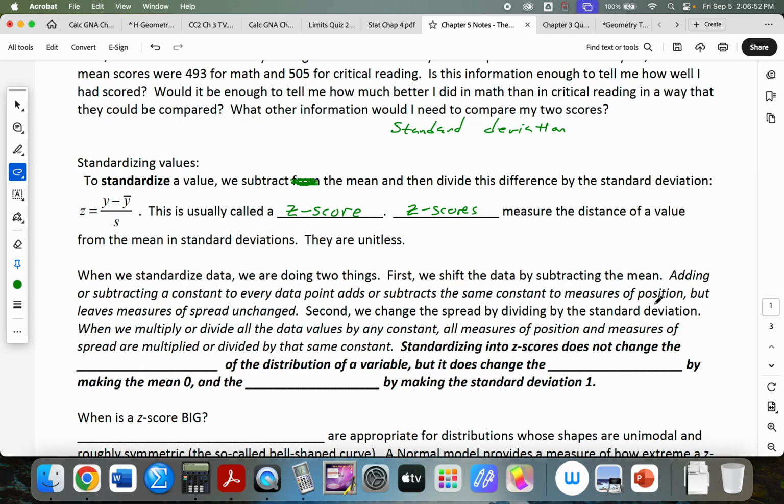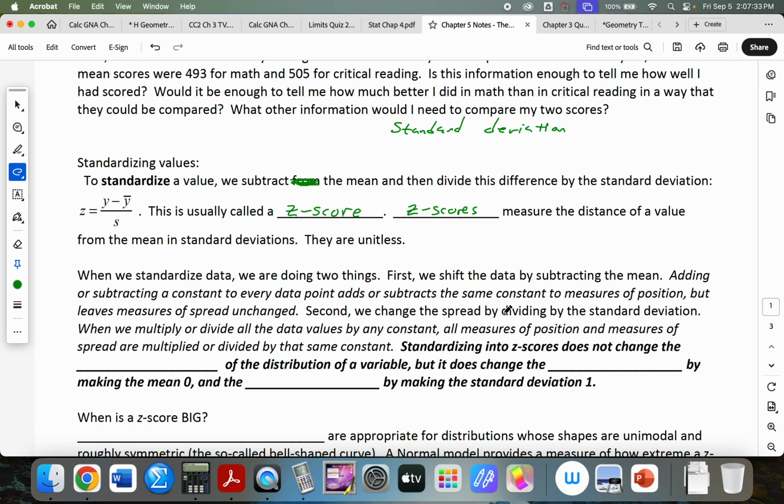The mean is also going to change by however much. If I give everybody a 10-point bonus, right? Well, the mean score is going to jump up 10 points. All of those things move exactly the same. Those are called measures of position. But it leaves measures of spread unchanged. Measures of spread would be standard deviation and the interquartile range. If everyone moved up 10 points, the whole graph basically moved up 10 points. That doesn't change the standard deviation, and it doesn't change the interquartile range.